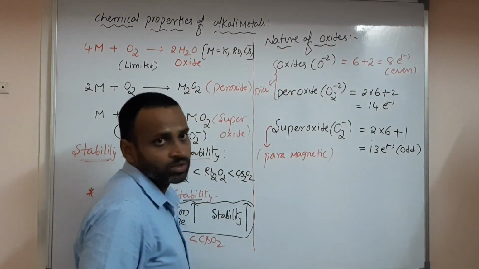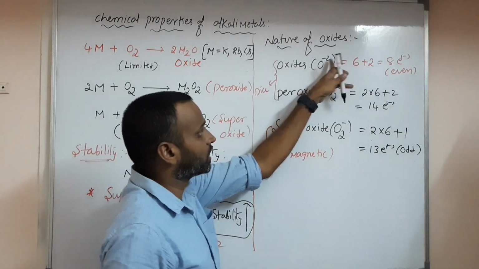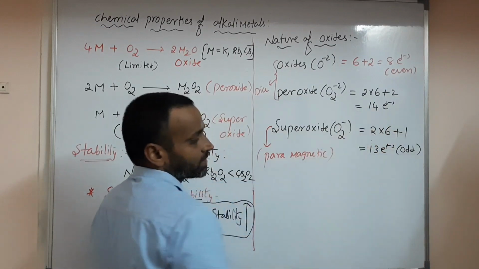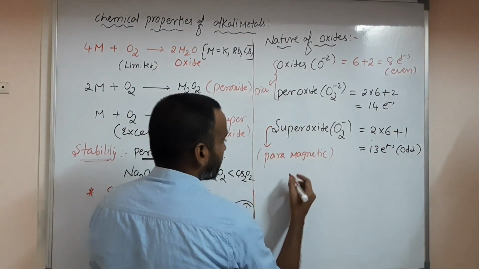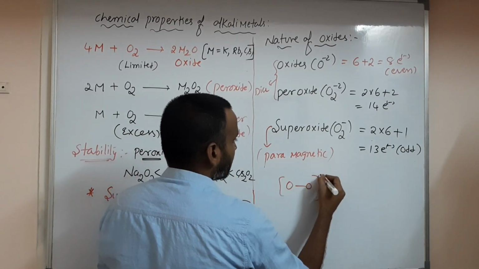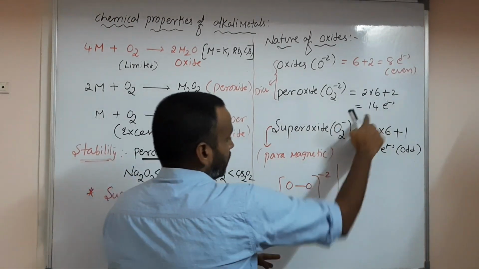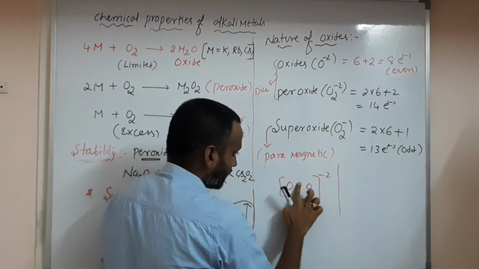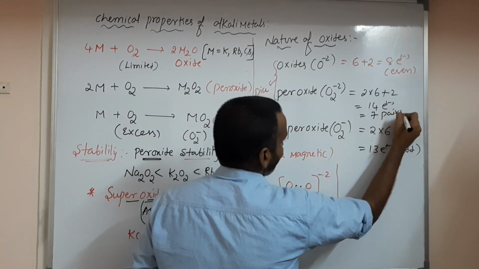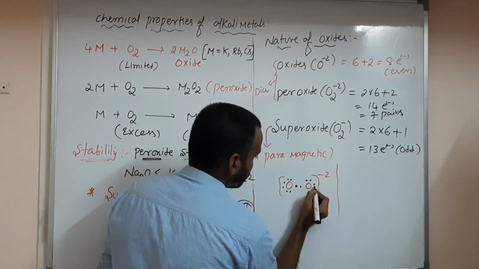For O2 minus 2, the charge is minus 2, so 2 electrons gained: 6 plus 2. So 14 electrons, 7 pairs. If you see the peroxide structure, O and O with a total of 14 electrons, I will write minus 2 here. 14 electrons means 7 pairs, so here you have 1, 2, 3 pairs.